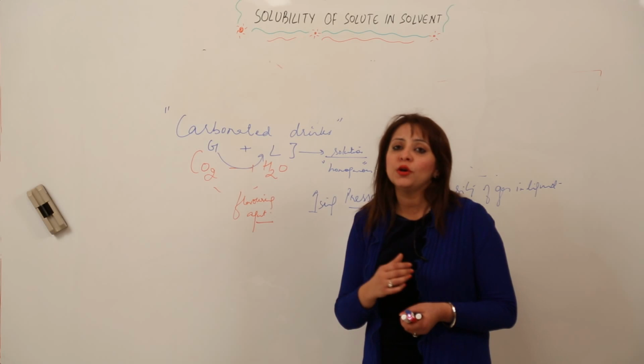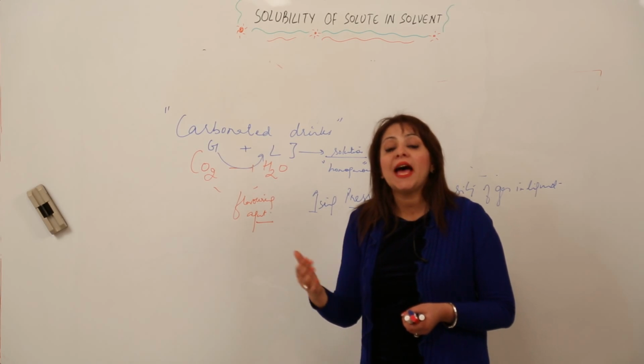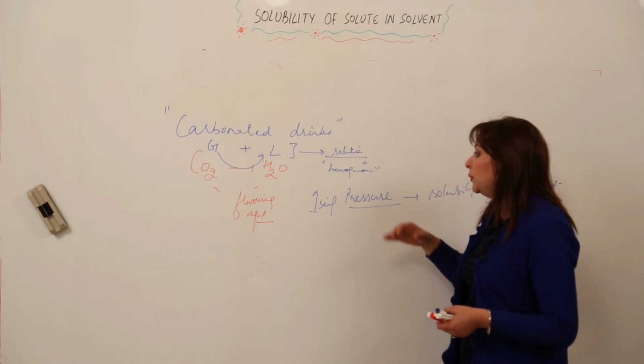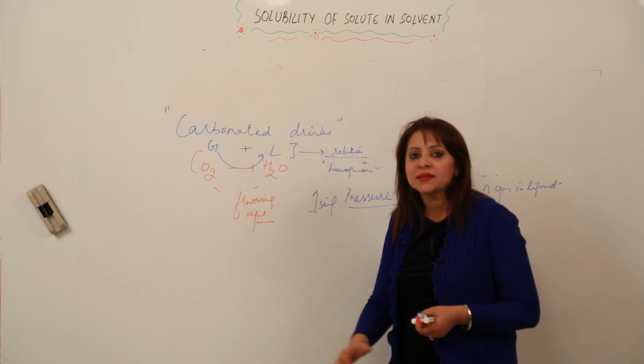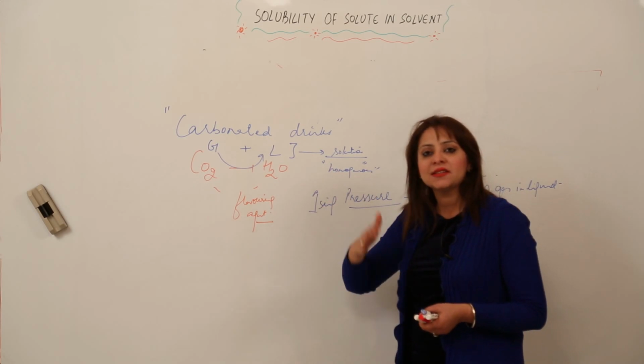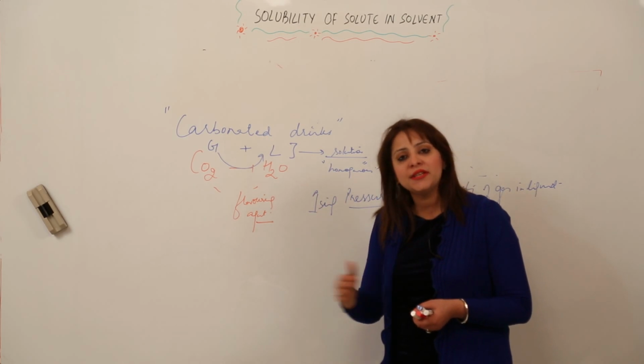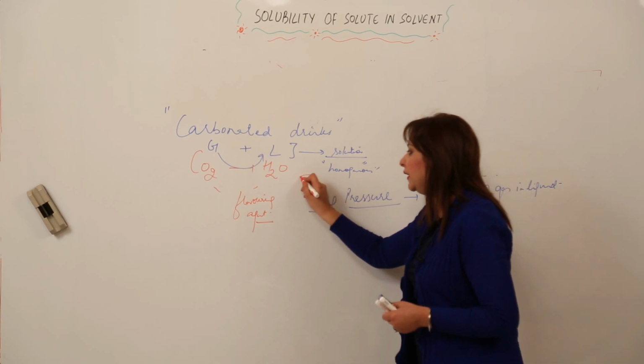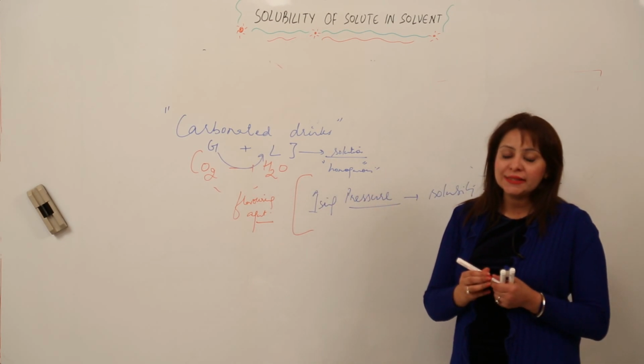The more the pressure, the more mass of gas gets dissolved in the liquid. And when you decrease it, the solubility of the gas in liquid decreases, so the gas starts separating out from the solvent. So by increasing the pressure, we can increase the solubility of gas in liquid.